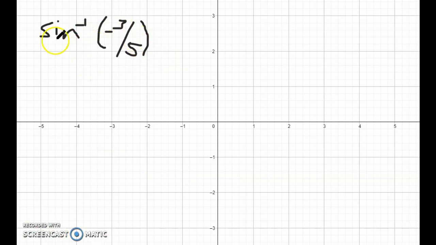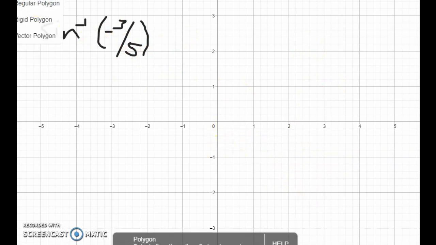So here we are. We're doing the arc sine of negative 3/5. Now negative 3/5 means we've got a negative value for sine, and sine is only negative in the third and fourth quadrants. But if you remember our CAST thing, cosine, all, sine, and tangent, that means what we're looking at is a triangle in this quadrant.